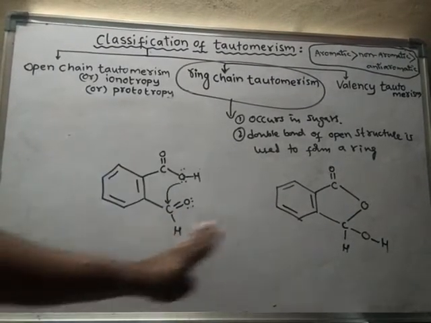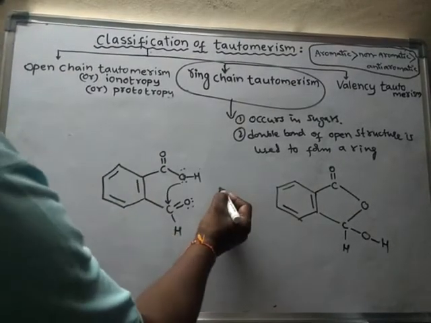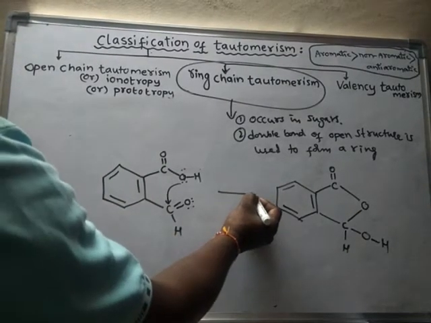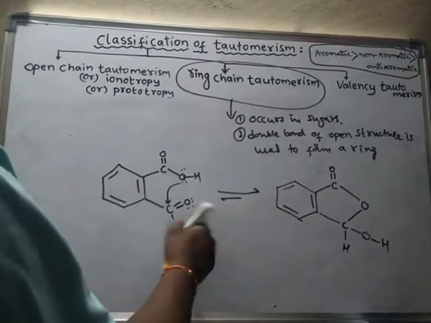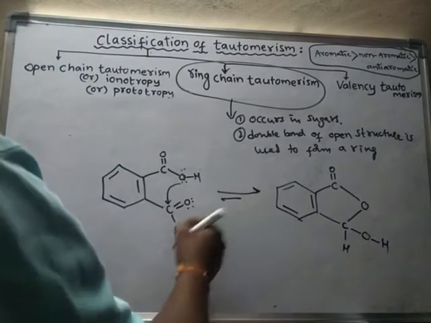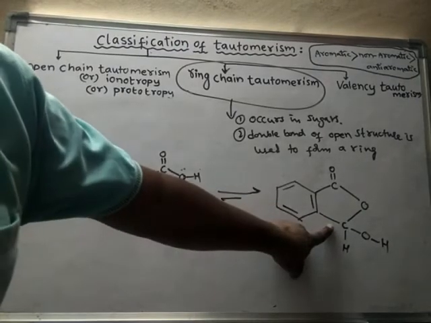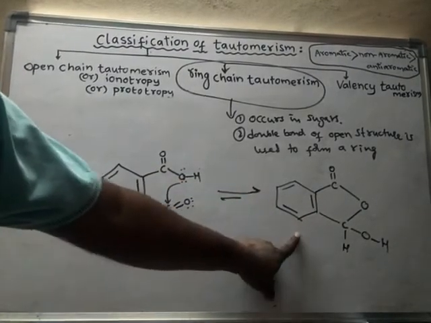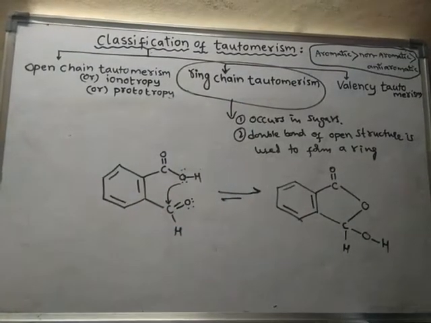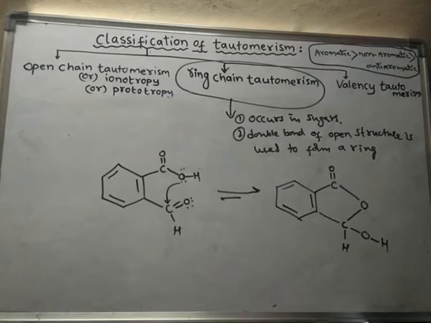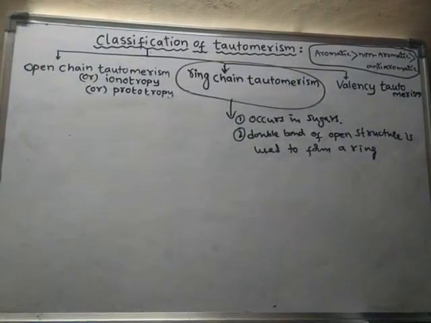The open chain structure is converted into a ringed structure. These two exist in dynamic equilibrium. This is more stable than this form. These two are said to be tautomers, and the open chain is converted into a ring structure. Hence the name ring chain tautomerism is given to such a type of isomerism. Okay, another example we will learn for ring chain isomerism.